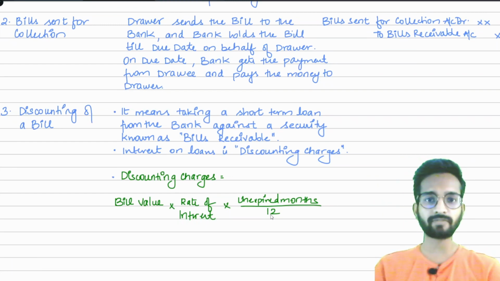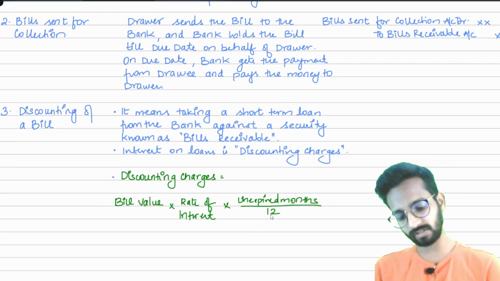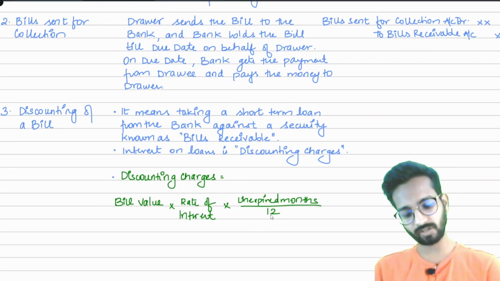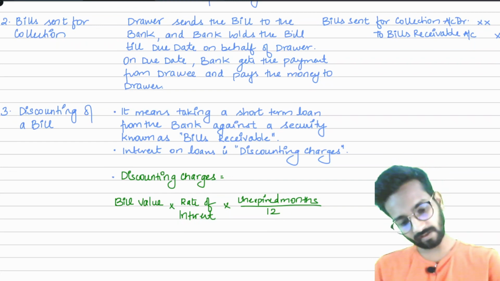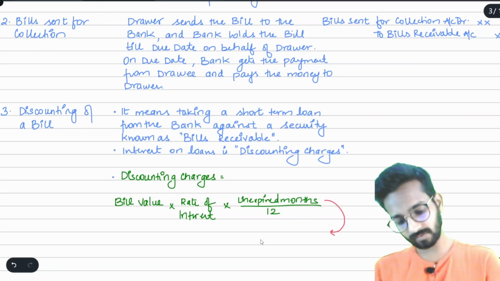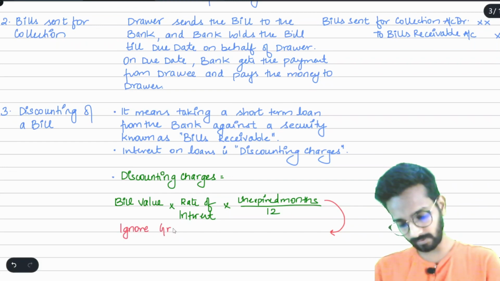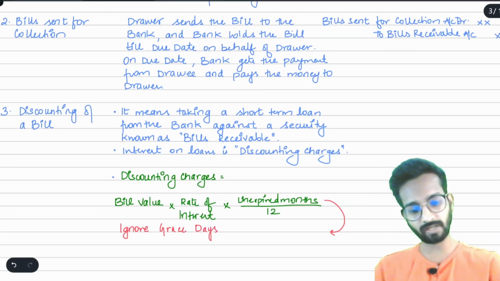A needed money after 15 days. So A will go to the bank after 15 days and A is borrowing the money for 1 month and 15 days only. Understood? That's why discounting charges will be bill value into rate of interest into unexpired months divided by 12. Now, one thing you have to remember here is that for unexpired months we have to always ignore the grace days. Grace days shall not be included in the unexpired months.